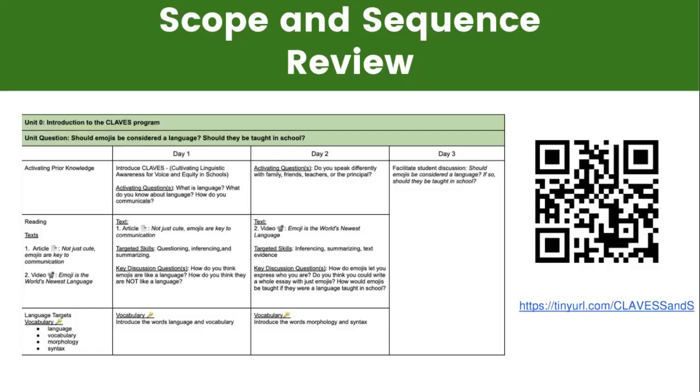Targeted skills on day 1 are questioning, inferencing, and summarizing from reading the text. And the key discussion question for that text is, how do you think emojis are like a language? How do you think they're not like a language? And again, we'll be introducing the words language and vocabulary on day 1.